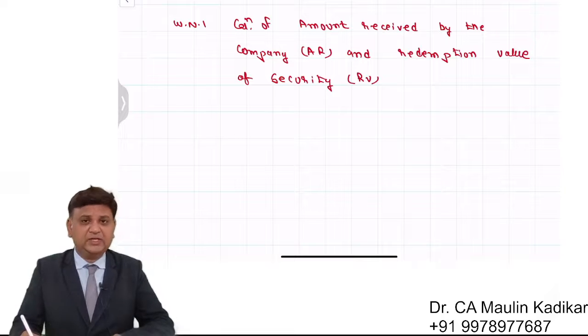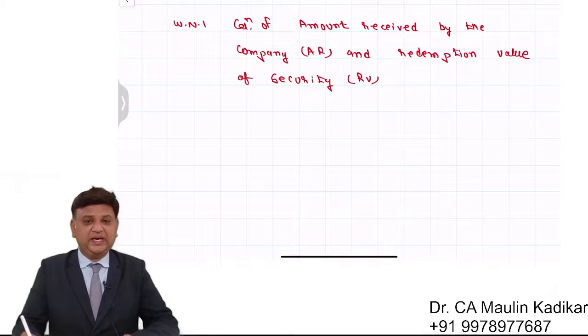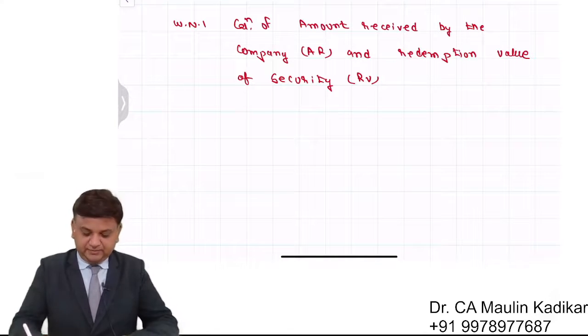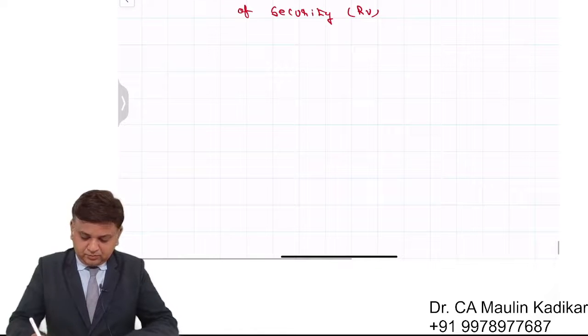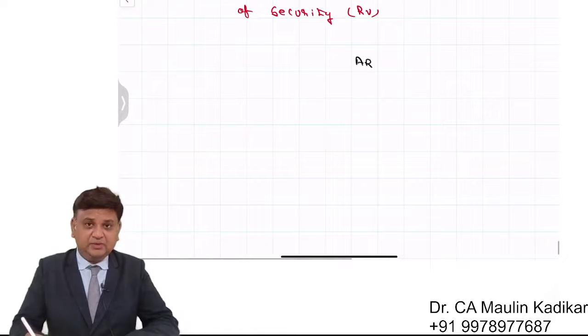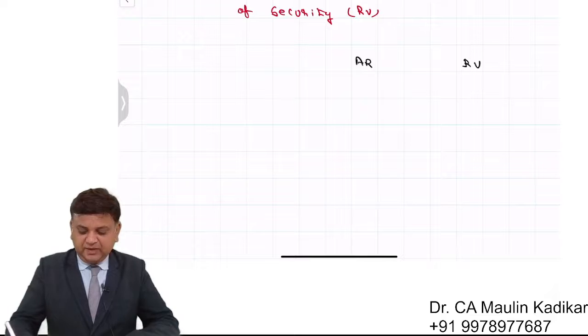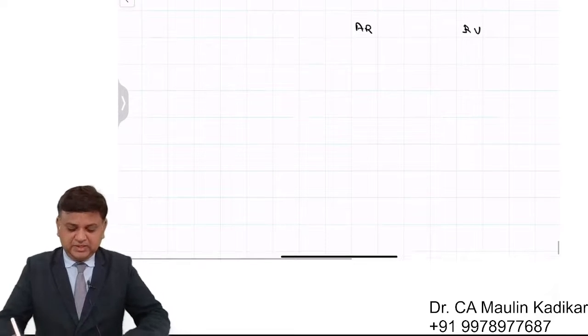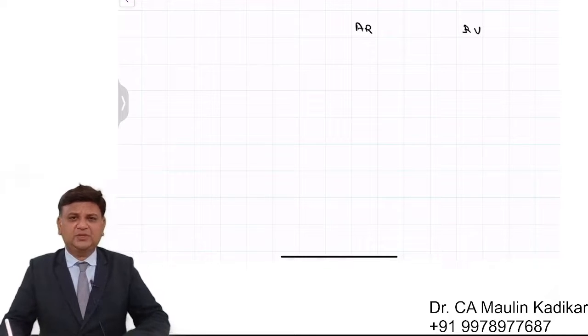So there are two things that we will compute. One is AR and another is RV. AR, that is amount received, RV, that is redemption value. Let us understand how to make the calculation of both of them.